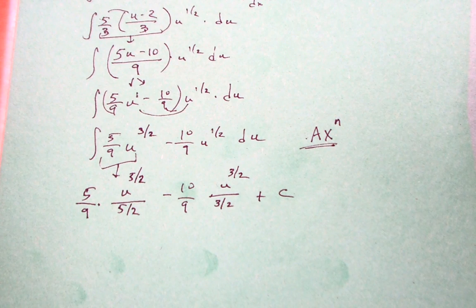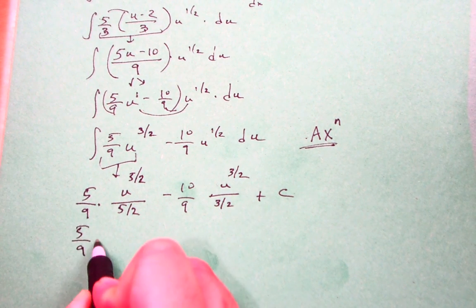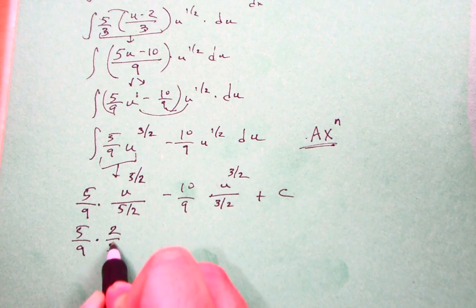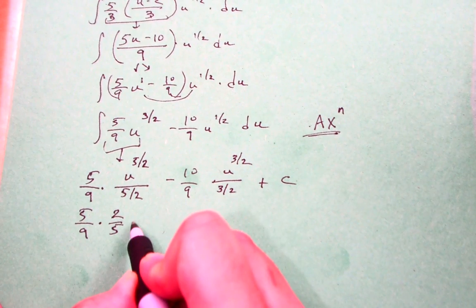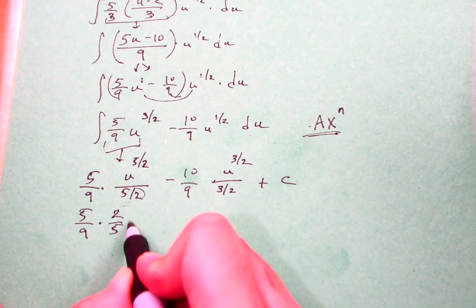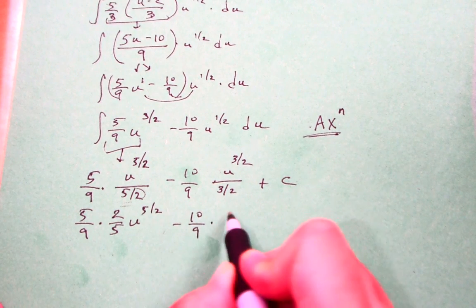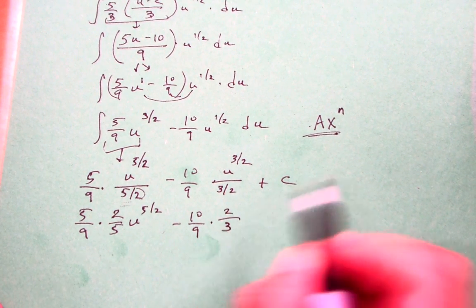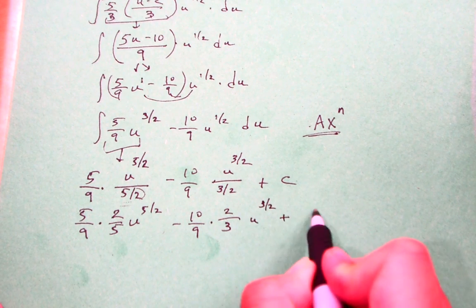It can be cleaned up significantly, however. So I have 5/9 out here. Dividing by a fraction is the same as multiplying by its reciprocal, which is to say keep it, flip it, change it, if you remember that from roughly 4th grade. So that's this part right here, u to the 5/2 minus 10/9. Likewise, this becomes 2/3 u to the 3/2 plus c.